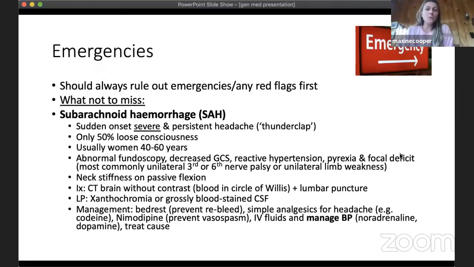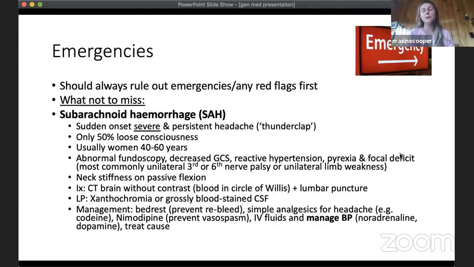And then there's also emergencies. Like I said at the start, it's really important that with every patient coming into an emergency department or gen med ward, you're always thinking about the worst case scenario first and ruling them out. There's a few in the case of headaches. One in particular is a subarachnoid hemorrhage. I'm sure you've heard this referred to as a thunderclap headache before, and typically it is in a textbook, but it's really a sudden onset, really severe, persistent headache.